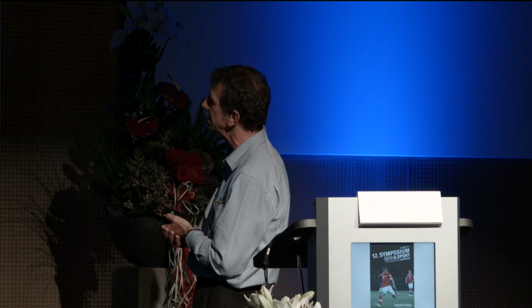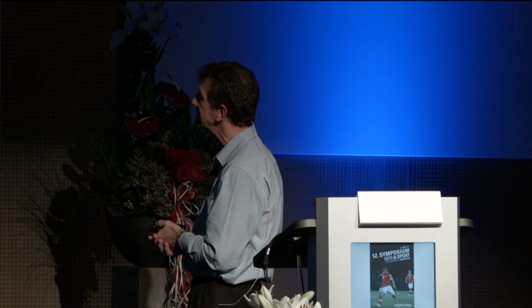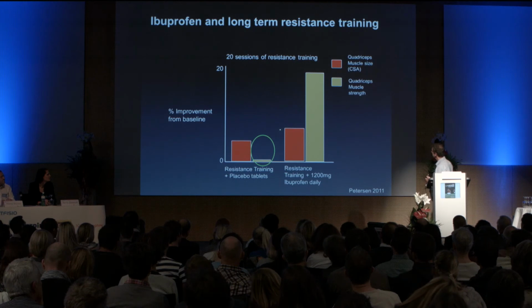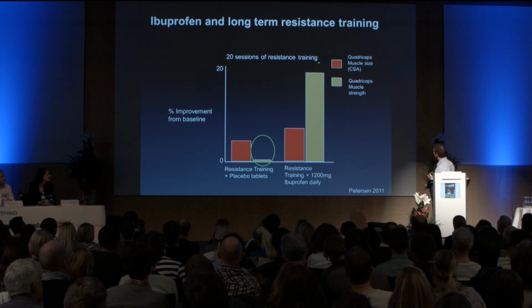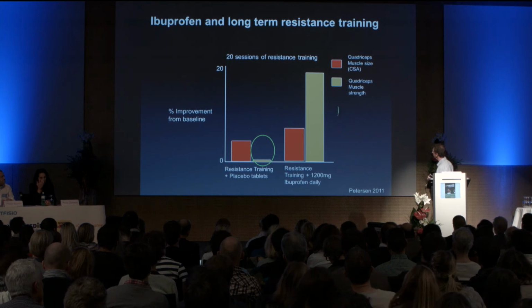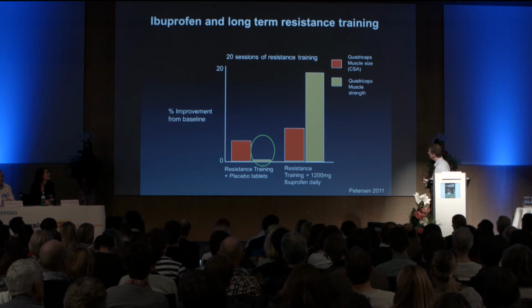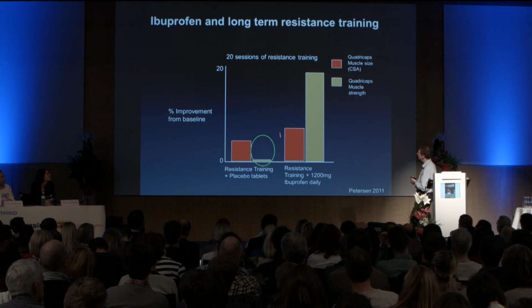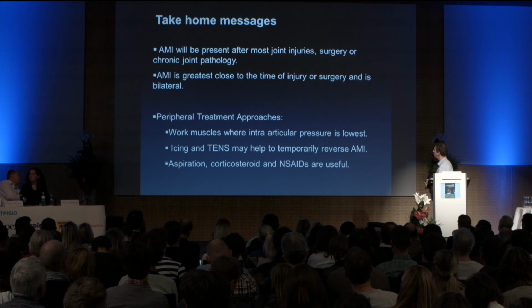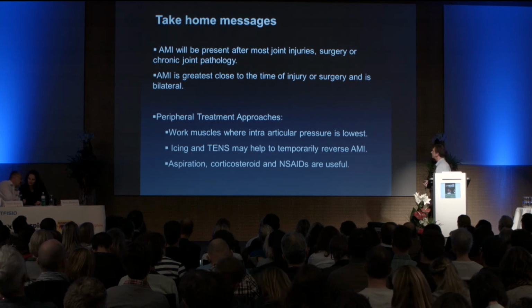And the key point to take away here is that you see a really nice increase in the amount of strength as well as cross-sectional area in the group that are getting the real anti-inflammatory compared to the guys in this group that were getting the placebo. So, the take-home messages.